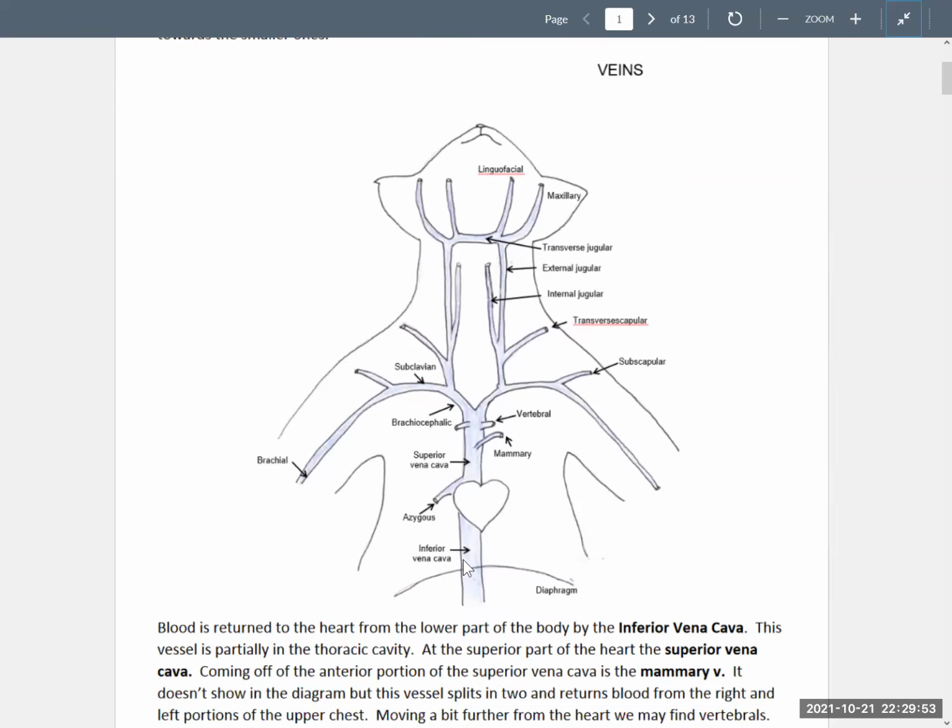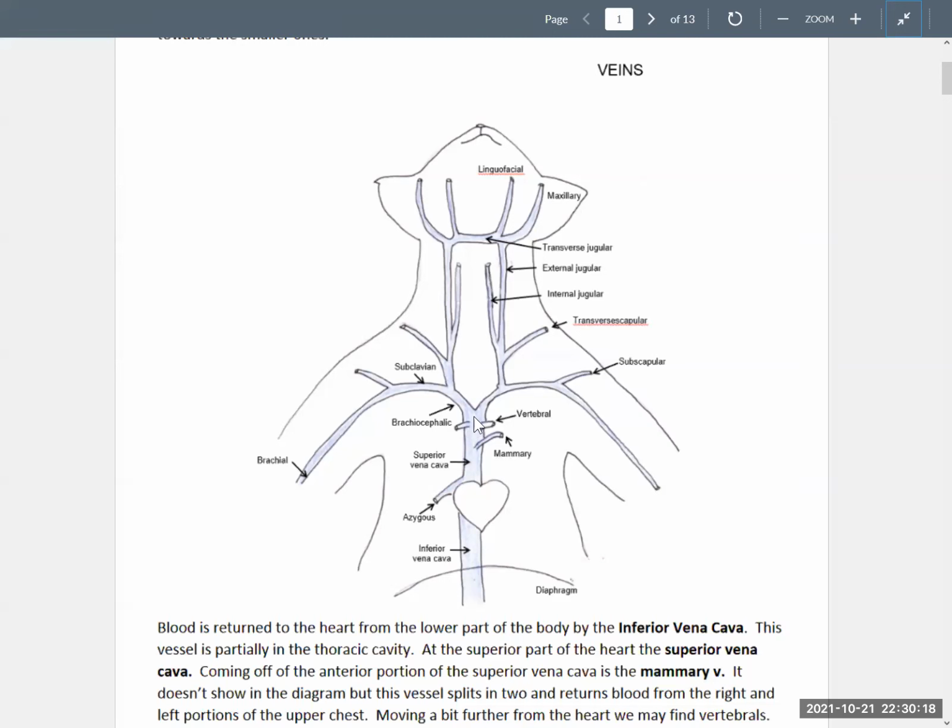Below the heart and coming to it is the inferior vena cava. It comes from the lowermost part of the body. Here's the diaphragm separating abdomen and thorax. Here's the inferior vena cava, and here's the superior vena cava.